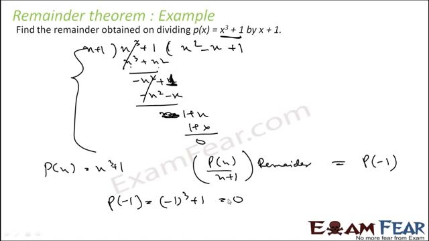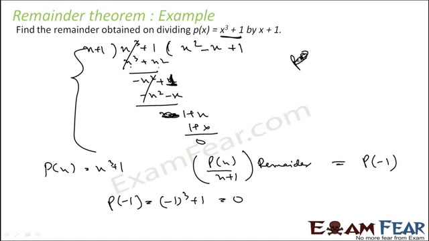Okay, so hope you understood the concept of remainder theorem. If I have two polynomials to divide, p of x by, let's suppose, x plus 1 or x plus 3, kind of number, so this is x plus k, then you need to find p of minus k. Or whatever number you have.